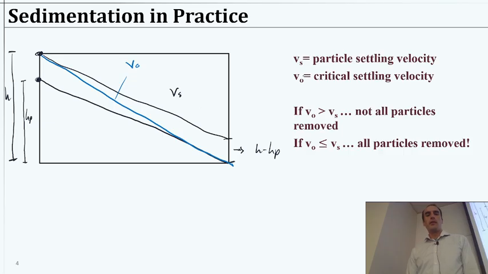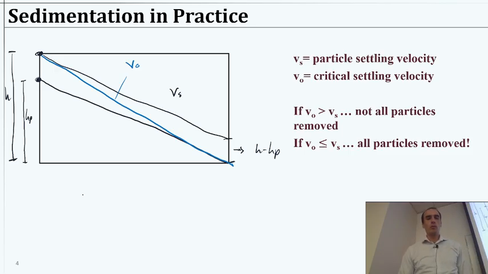When we make a comparison, we will compare between Vs and V naught. And we can take it a step further and get that ratio and figure out exactly how many are being removed. And it turns out that since that's directly proportional to the height, it's also directly proportional to the velocity.